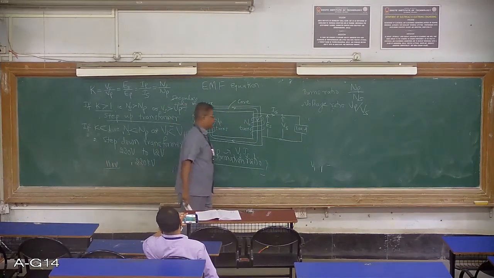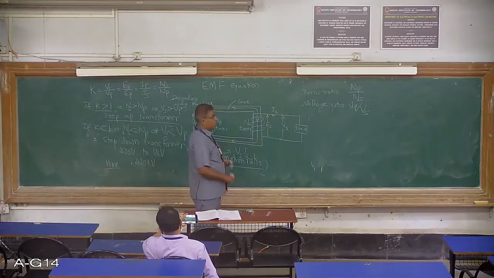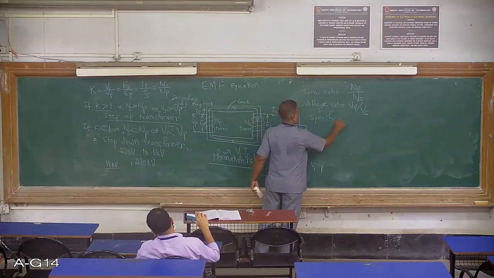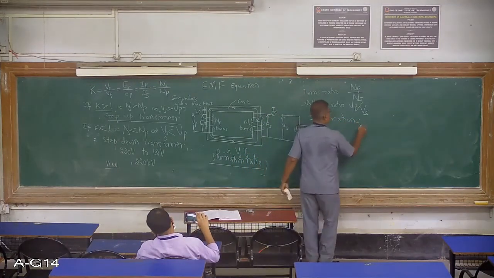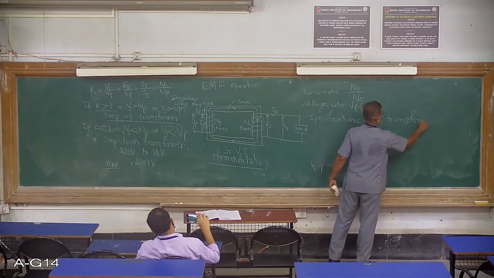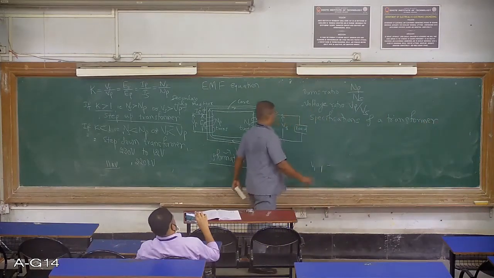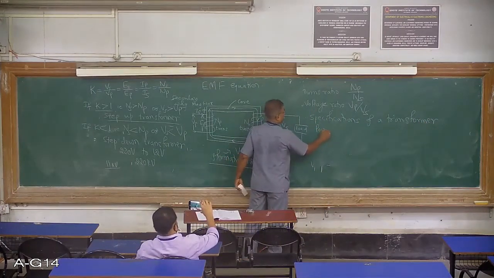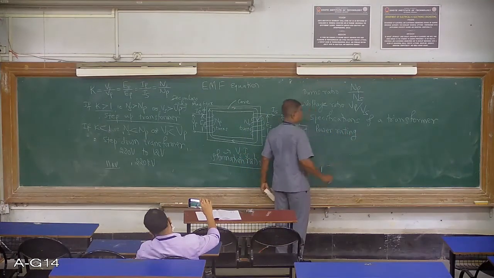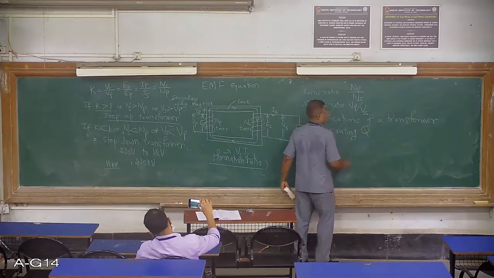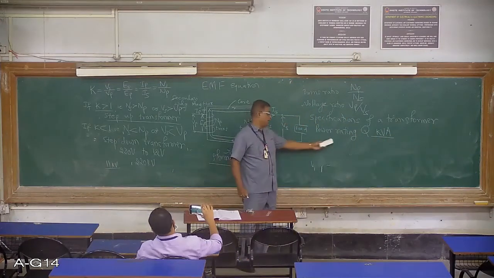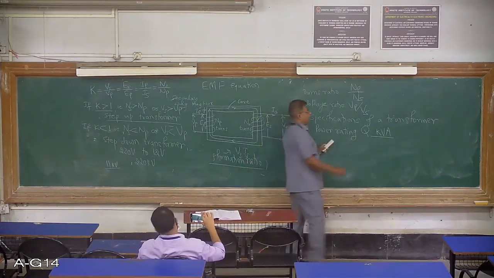Typically, in practice, the specifications of a transformer are like this: the power rating, how much power it can handle, is given as kVA or MVA.